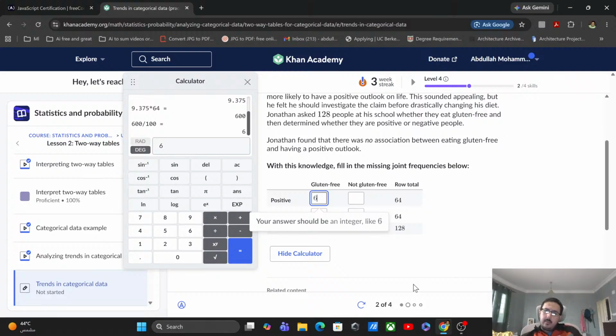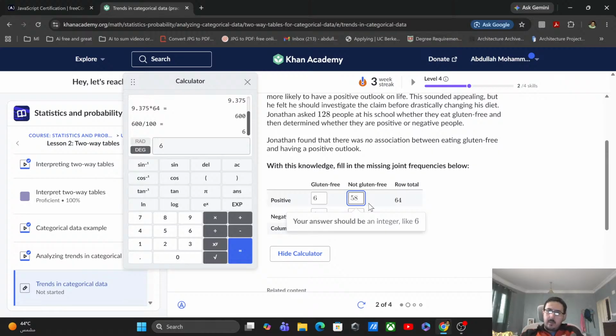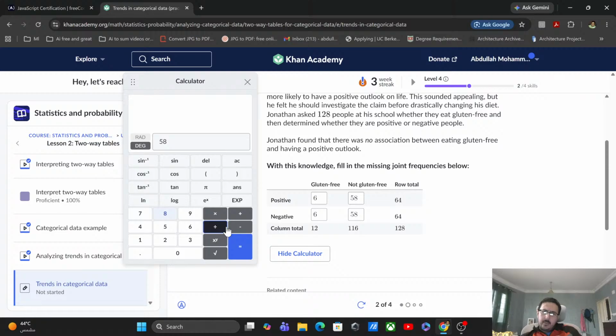So here is 6, and here is 6, because this says 12, and 116. 64 minus 6 is 58, and 64 minus 6 is 58. Am I correct? And 58 plus 58 is 116.